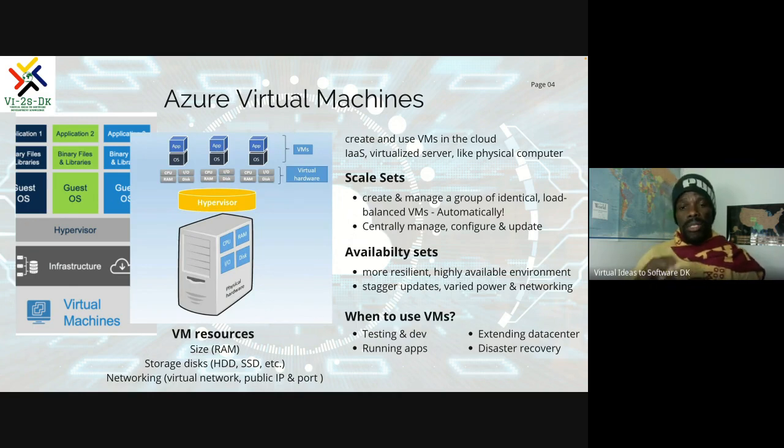And all of this is centrally managed and configured and updated for you. So you don't have to go and individually manage each one of those virtual machines. That will be the case for you if you had to do it physically. I don't know if anyone here has tried creating a virtual machine physically. If you went to a Linux class, maybe you have tried doing that. You create a virtual machine and say, I need just this amount of CPU, just this amount of RAM.